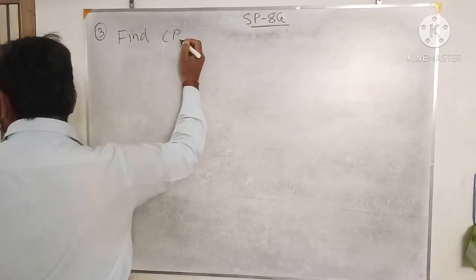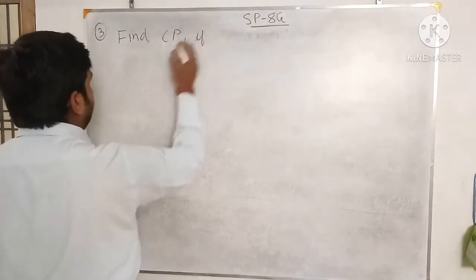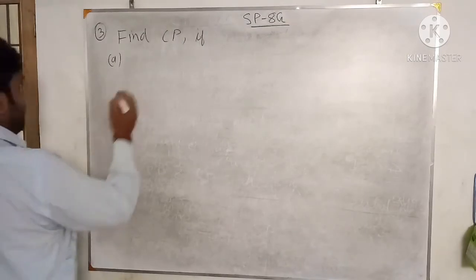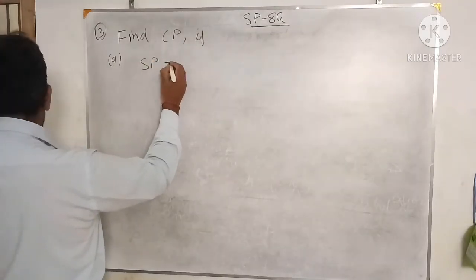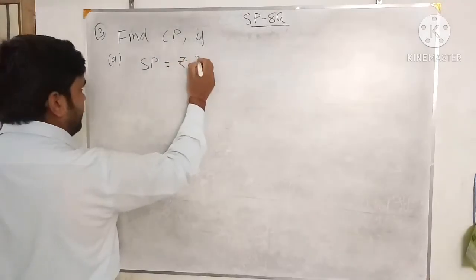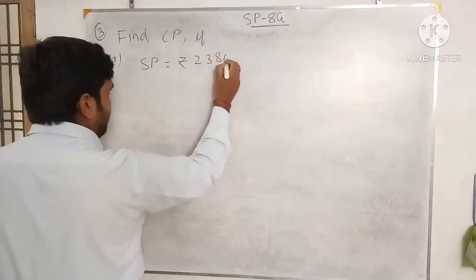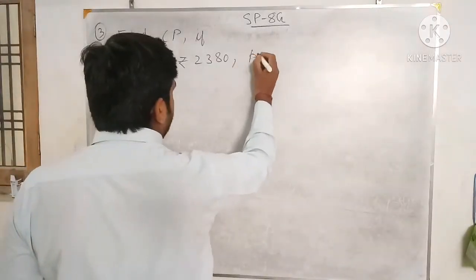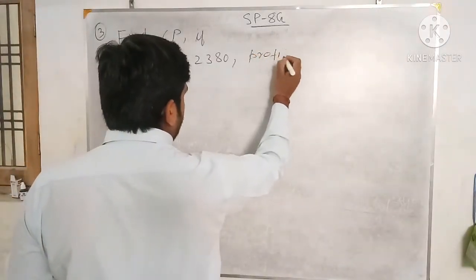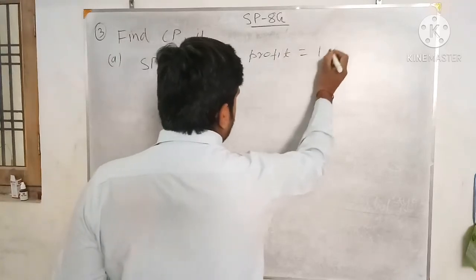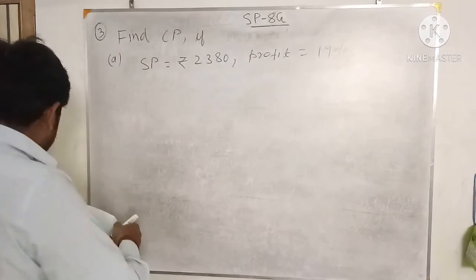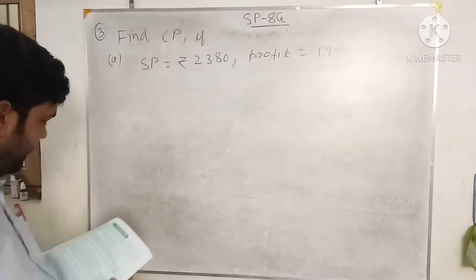See, in 3A what is given: selling price equals rupees 2380, the selling price of the article, and profit given is 19%.